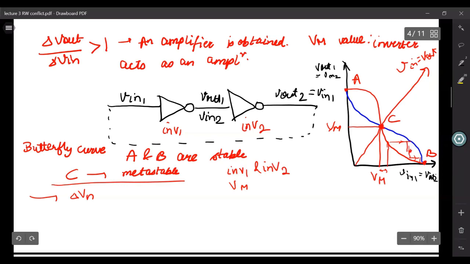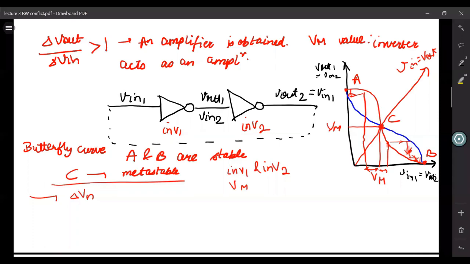If Vn acts in this direction, it will pull the state towards B. If the noise is in this direction, towards the left, it will pull the system towards stable point A. So C is a metastable point because you have these inherent noise sources in your system. You cannot do away with the noise. So even if you bias it at point C, because of this inherent noise, it will go back to these stable states.